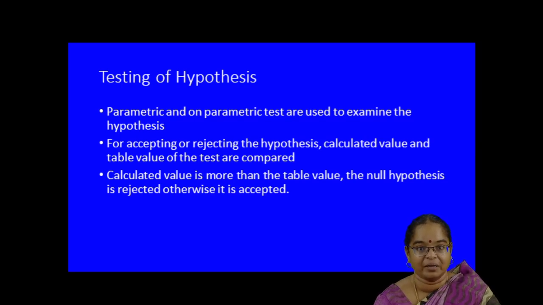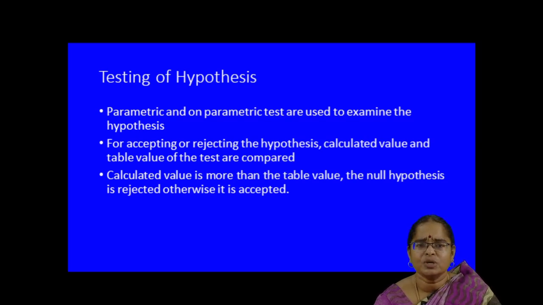is accepted. But in some SPSS packages, a significance value is presented. By considering the significance value, the hypotheses are rejected or accepted. Significance value means probability value or p value. If the p value is less than 0.05, the null hypothesis is rejected, and otherwise it is accepted.